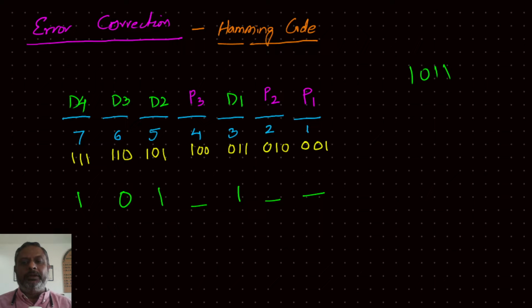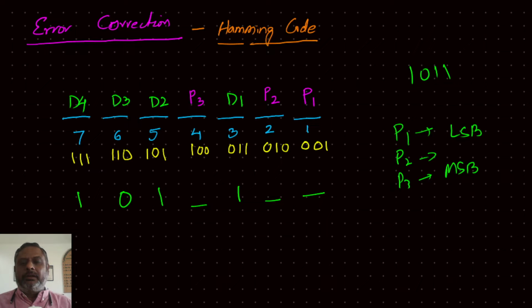So P1 is related with the least significant bit, and P2 is the next least significant bit, and P3 in this case is the most significant bit. That means P1 is trying to work with this bit pattern 1 0 1 0 1 0 1 and so on. P2 works for the central bit and P3 works for the leftmost bit.